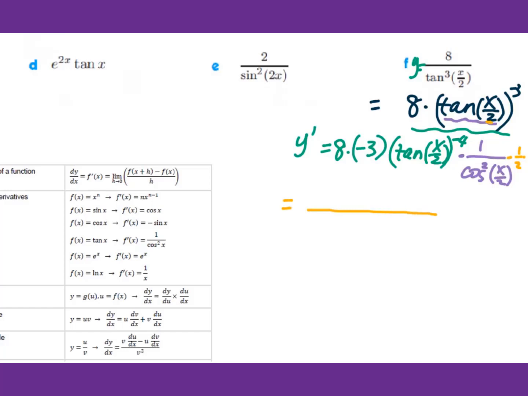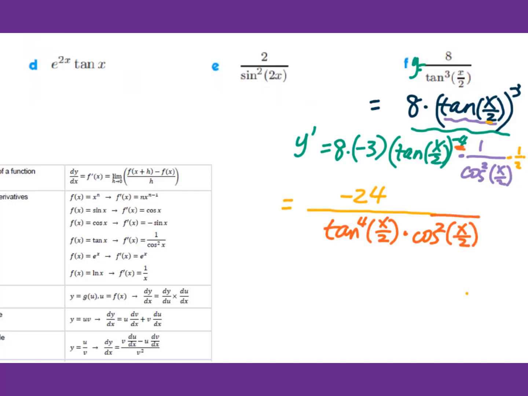Top will be negative 24. Denominator, for this negative fourth power, we can write down tangent to the fourth power x over 2 here times cosine squared x over 2.